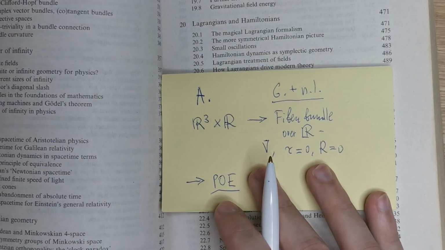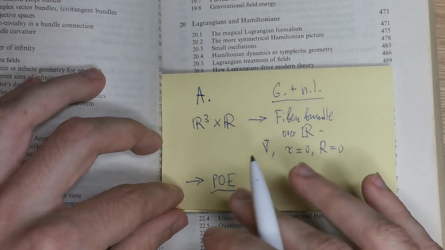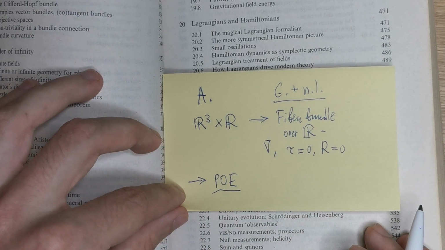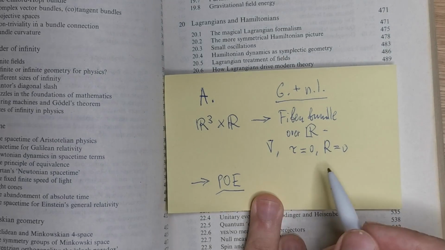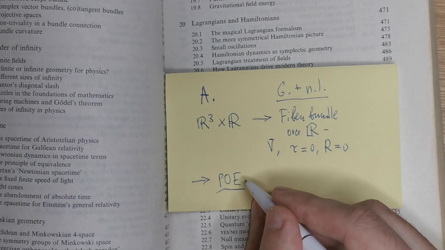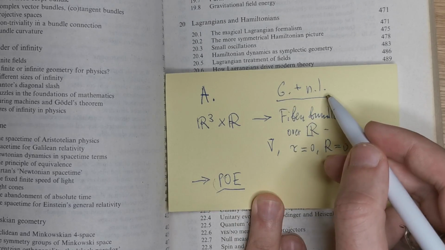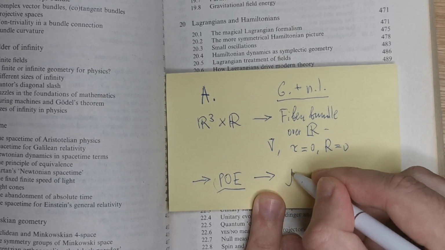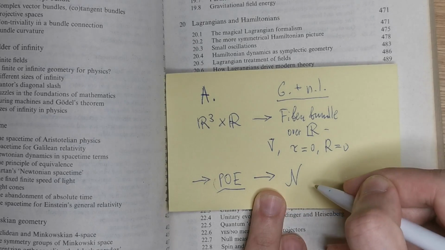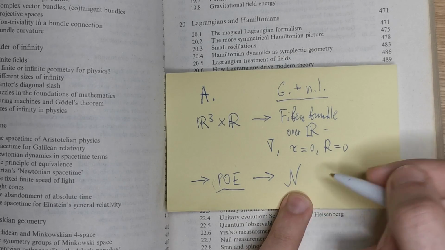And probably I can continue here and provide you with the view from above of the whole chapter. The plan today is to include this principle of equivalence into this Galilean bundle, and obtain the bundle called Newton-Cartan spacetime in the book.